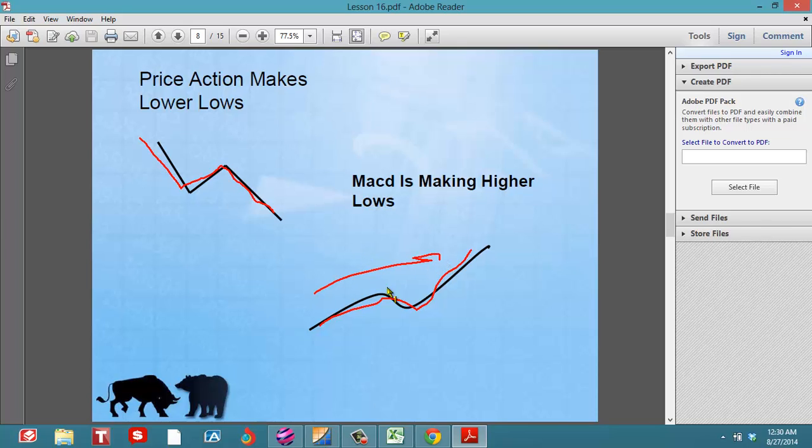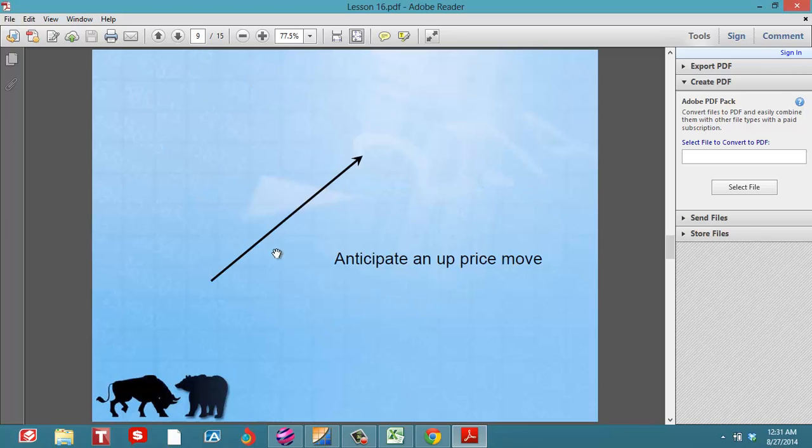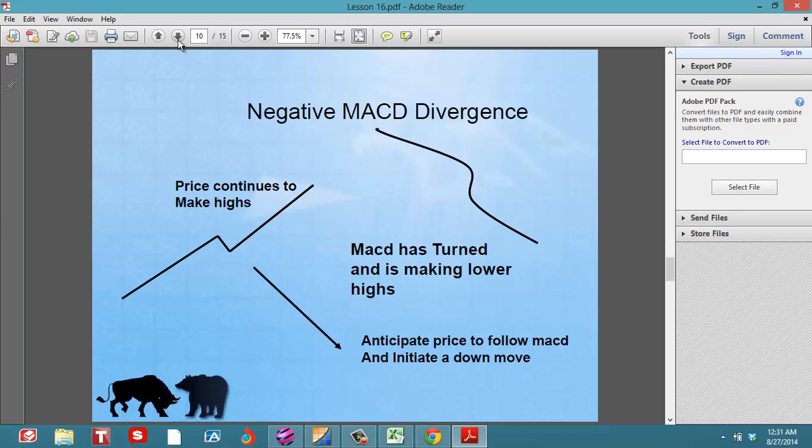This means that the price eventually is going to follow this MACD and it's going to turn around and go to the upside. Now, that's why it's so powerful when we combine it with seasonality, because if it's in the time of the year that it goes up, and this has been going down, and the MACD is telling us it's going to turn around, we have a high probability trade, so we can anticipate it moving up.